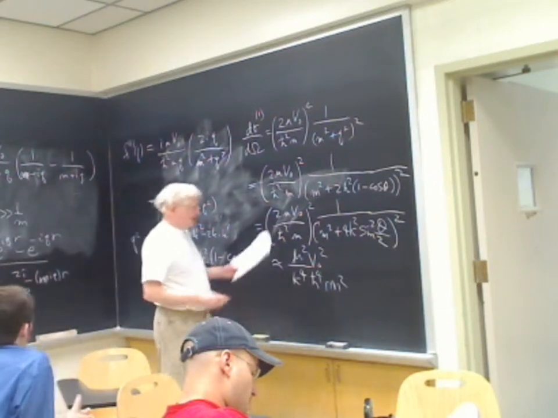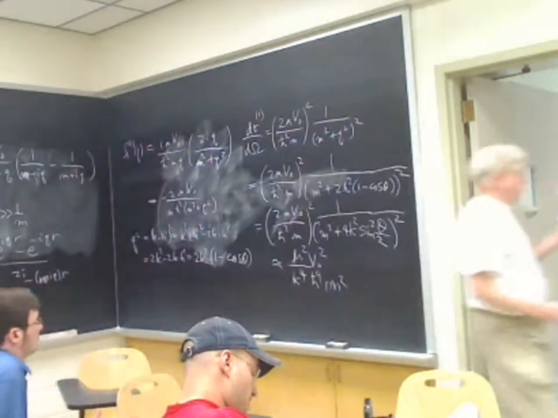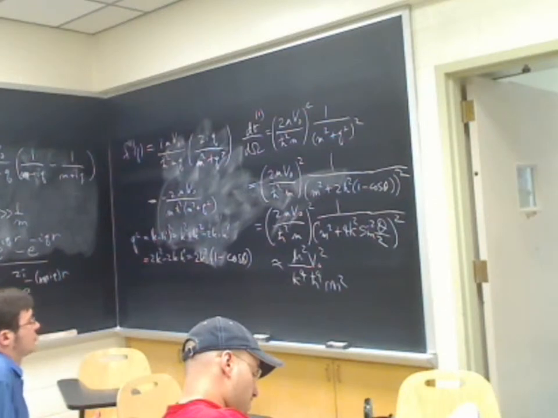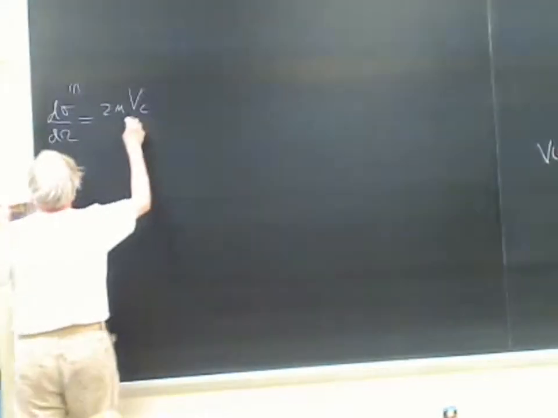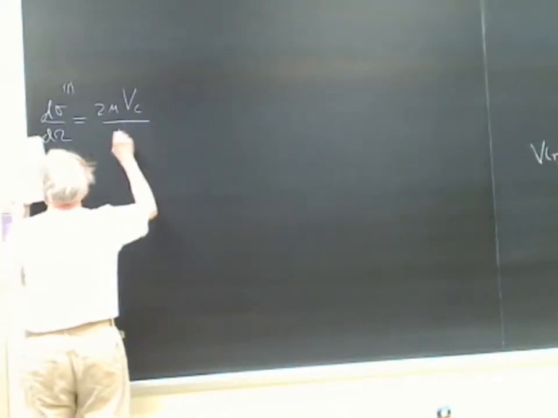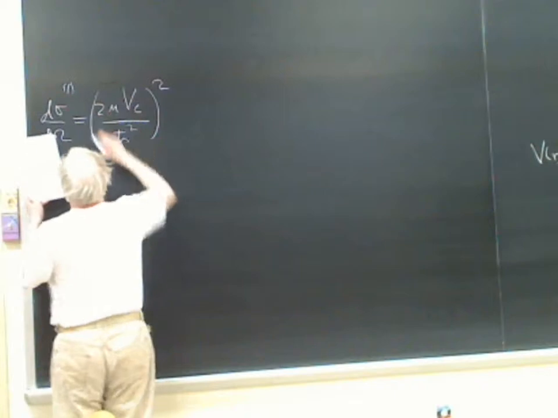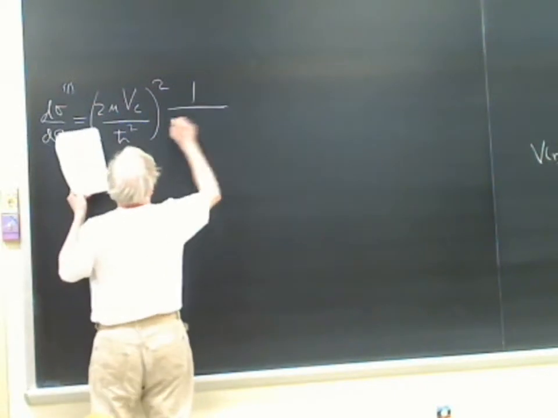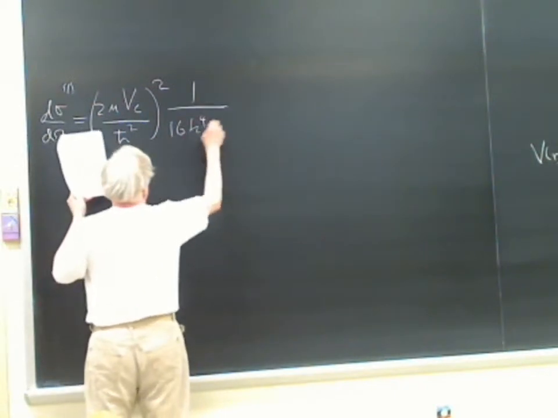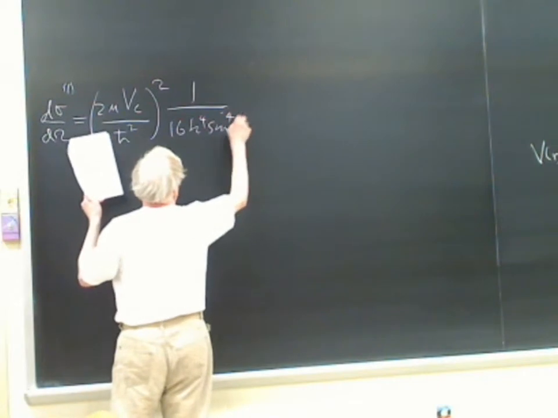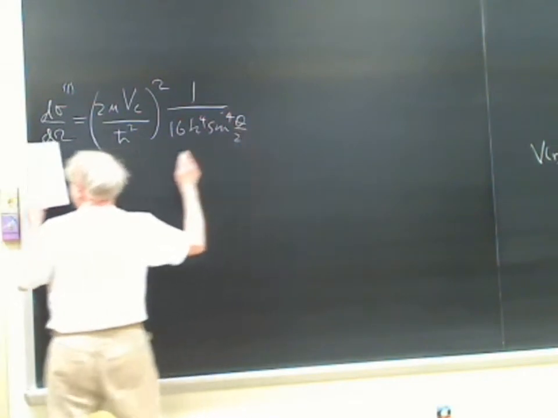And what happens in that limit? Well, in that limit, d sigma d omega goes to 2 mu V Coulomb, we can call it, over h bar squared, times 1 over 16 k to the 4th sine to the 4th theta over 2.